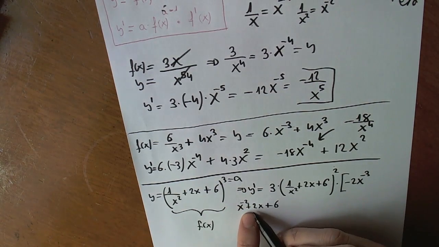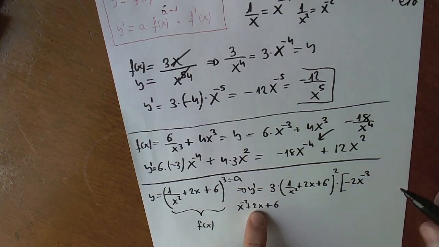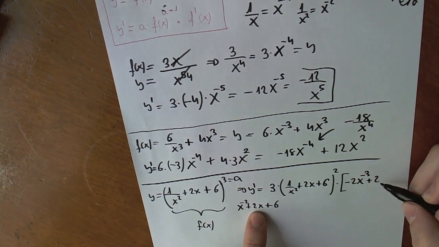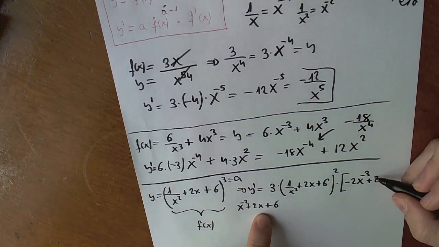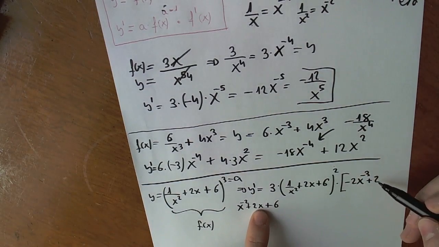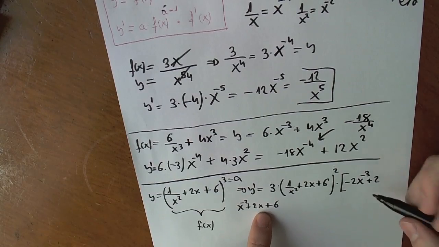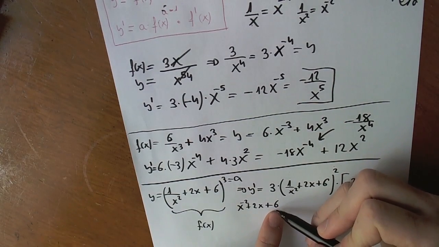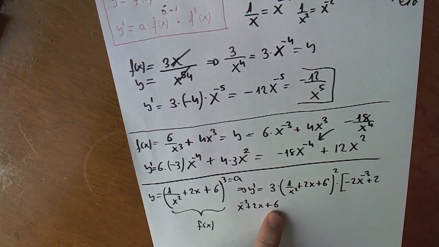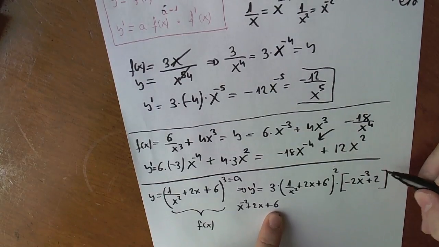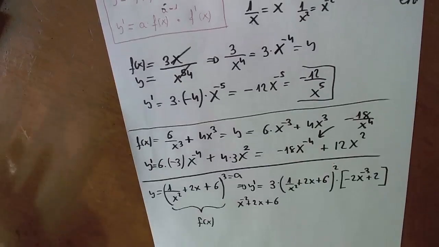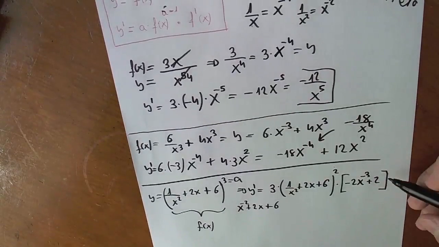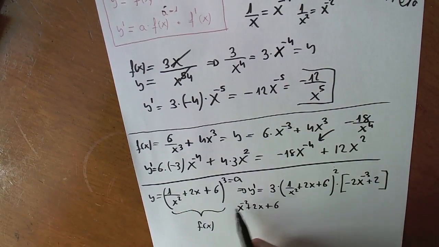Then the derivative of 2 multiplied by x: the 2 is the constant, it goes out, but the derivative of x is 1. So 2 multiplied by 1 is 2, the derivative of 2x is 2. And the derivative of 6, because it is a constant, is 0, as I explained in the video before. If you haven't seen that and you are a little lost here, please see it before this one. So this is the derivative of this function here.